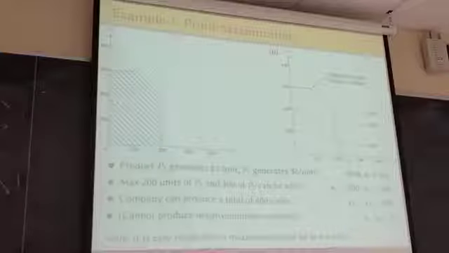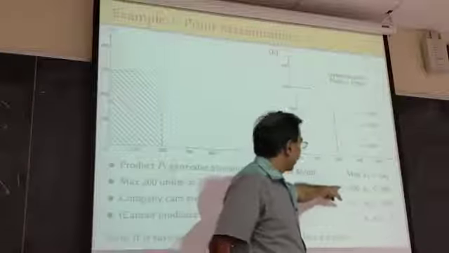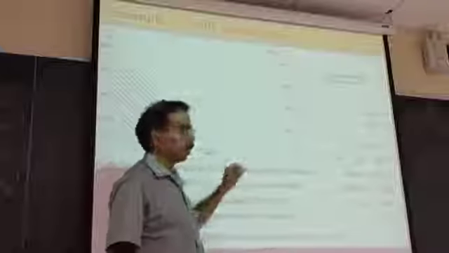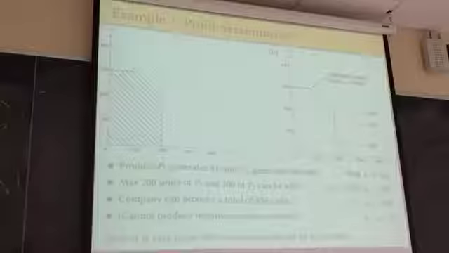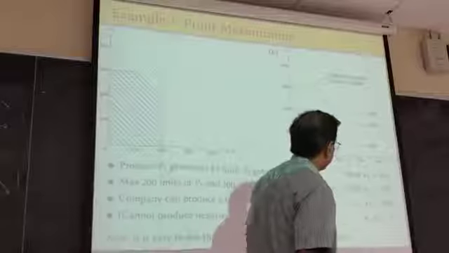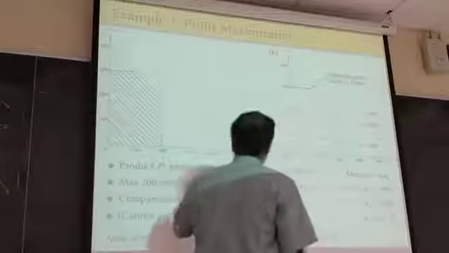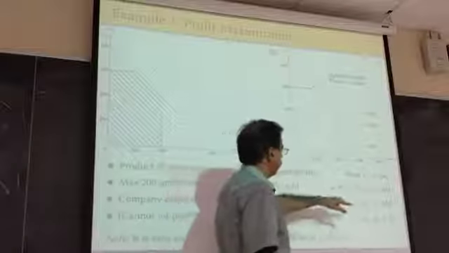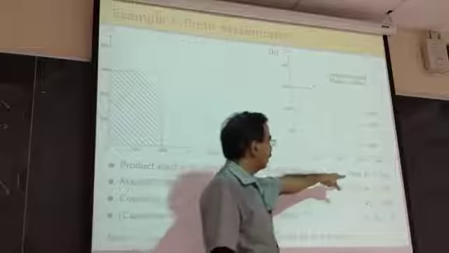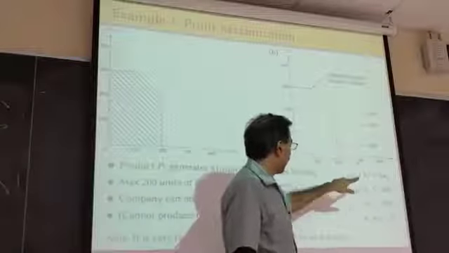If you state this as a linear programming problem, you say I want to maximize x1 plus 6x2, where x1 is the number of units of product P1, and x2 is the number of units of product P2. The profit is x1 plus 6x2, and that is the one that you want to maximize.